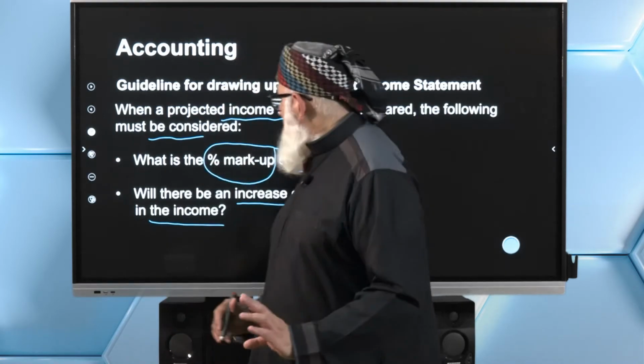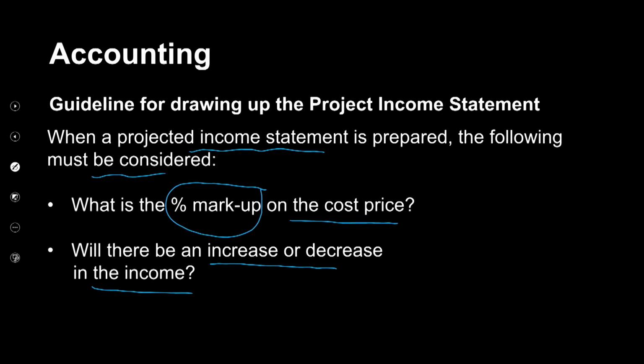Because remember, when you're calculating, just to show you your calculation, and you should remember this, your cost price, your markup, and your selling. Your cost is 100, your markup is 50, therefore your selling is 150. So we use this in order to determine what will be the percentage markup on the cost price.